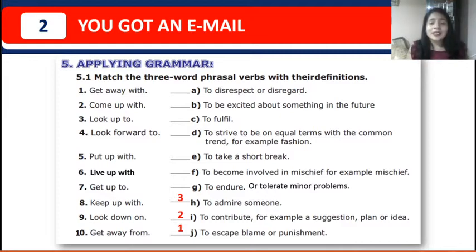Something that I want, but I don't know if this will happen because of the quarantine. Yes? I'm looking forward to finish my career. Yes, very good. To be excited about something in the future. I have to do it, yes or yes. Yes? Very good. Then you have number 5.